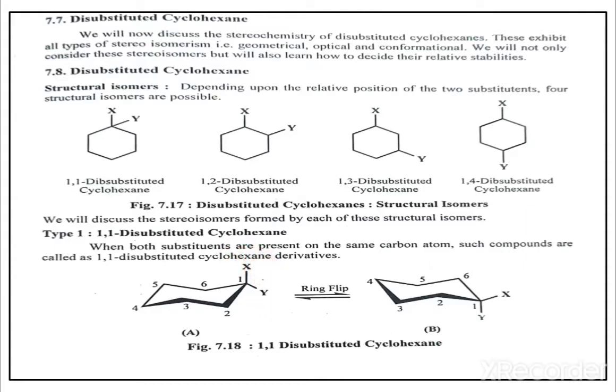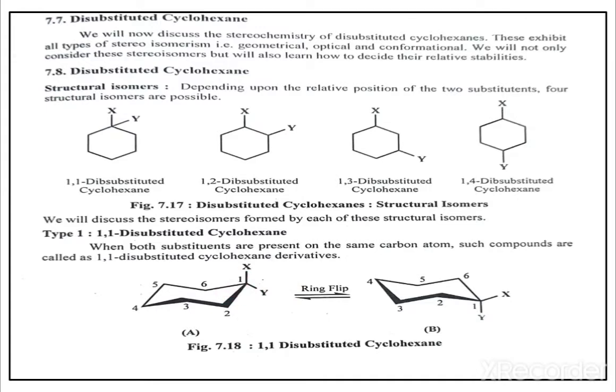The conformation will be more stable in which the bulkier substituent occupies the equatorial position. Out of X and Y, if the bulky substituent is at the equatorial position, such a conformation is more stable.